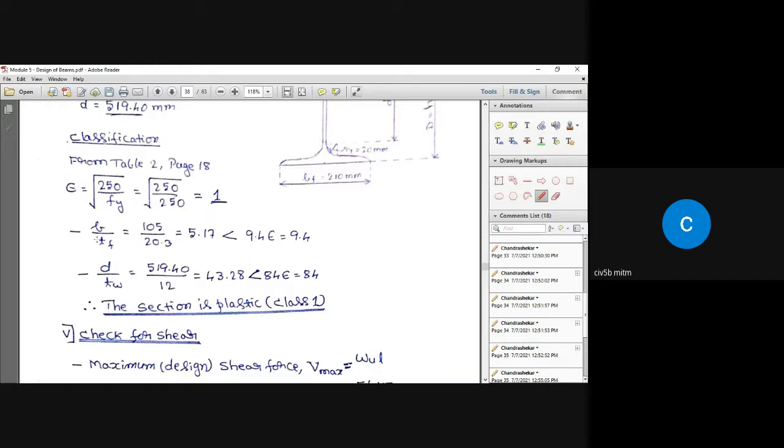Next, check for D by TW. That is 43.28. That is less than 84 epsilon. So the web is also plastic. When the flange is plastic and the web is plastic, the entire section is plastic.